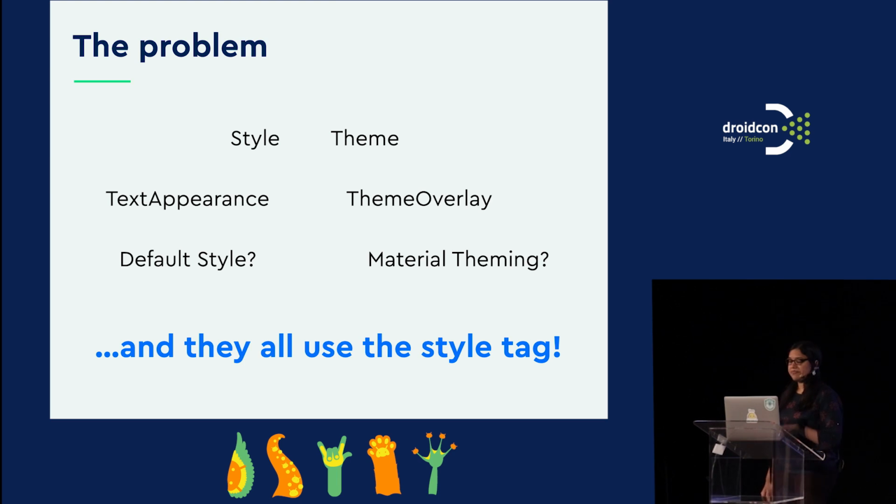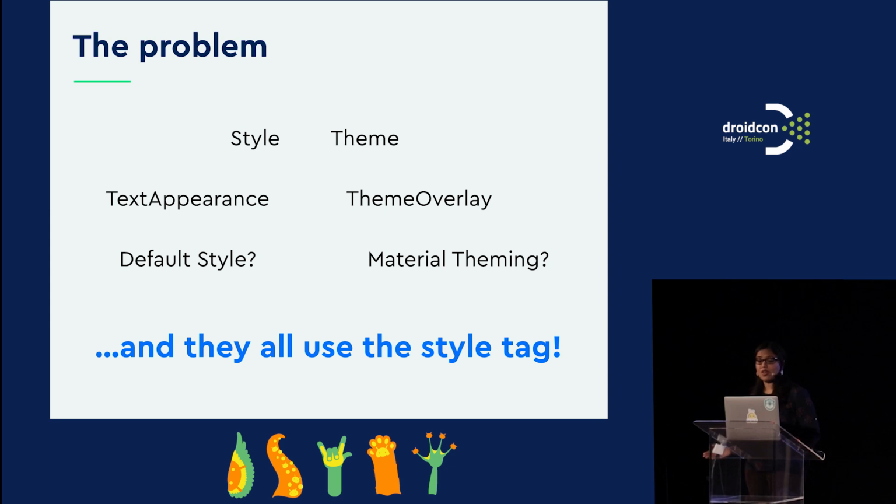Material theming, when I first learned of this, I was kind of confused. Is this the same thing as material design 2, material component? Does it have anything to do with the regular Android theme? And the fact that makes it all the more confusing is that they all use the style tag.